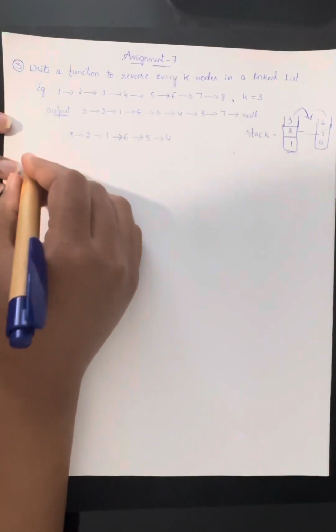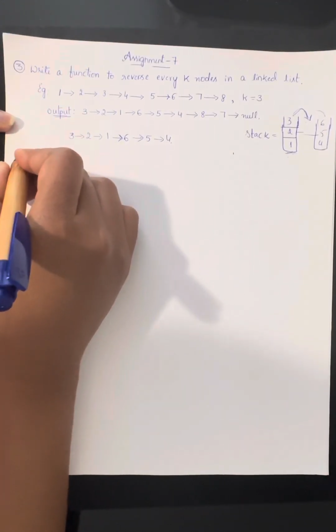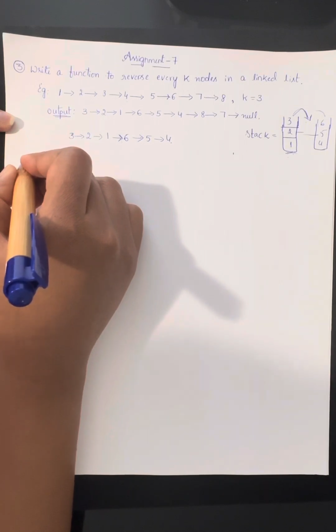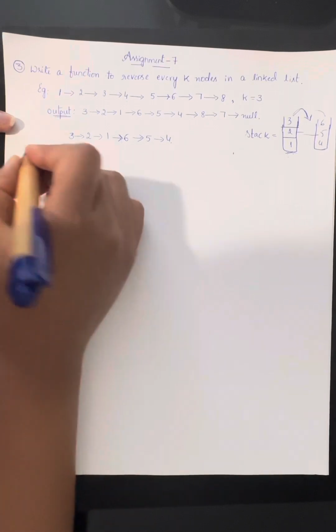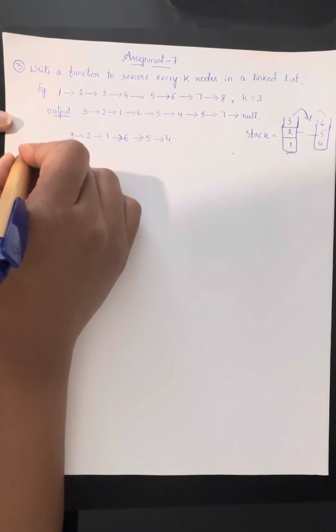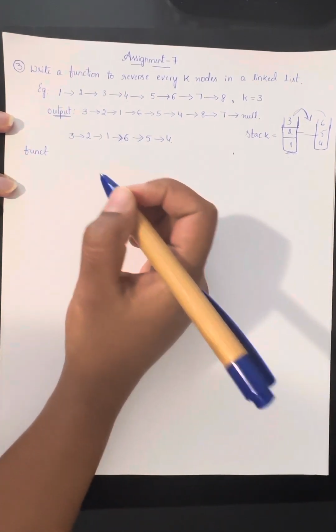Now let's write the code for this. To create a new node, first I would like to write a function which defines a node.